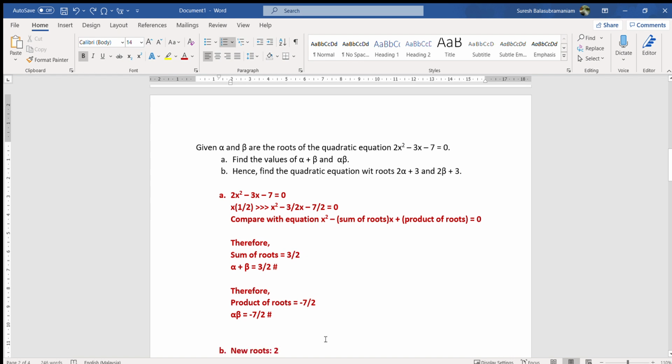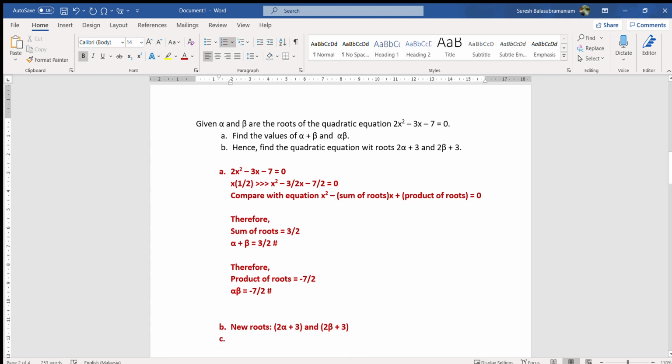So we have new roots 2 alpha plus 3 and 2 beta plus 3. Okay, so I'll write that down, 2 alpha plus 3 and 2 beta plus 3. So those are my new roots.